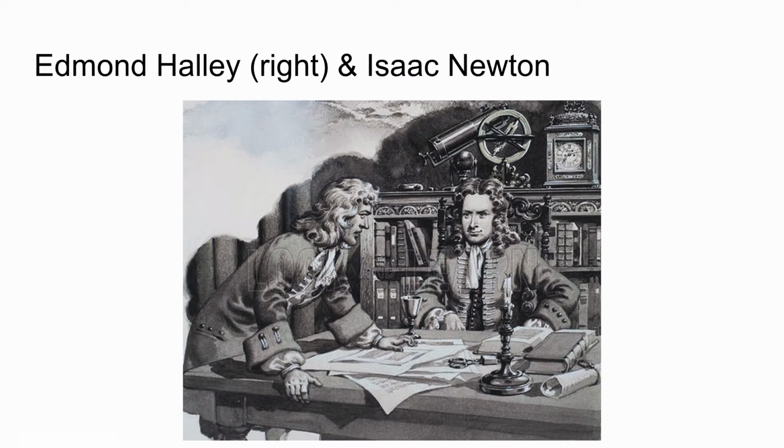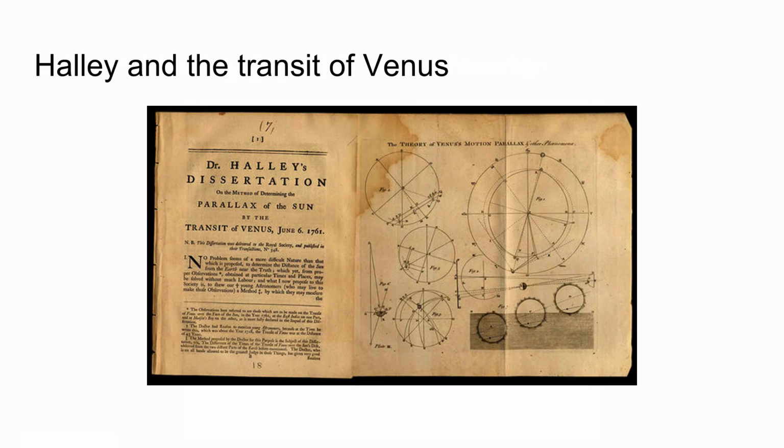Edmond Halley, this is a picture much later of Edmond Halley on the right and Isaac Newton on the left. They were contemporaries. Halley was a little bit younger than Newton. And Halley was just an extraordinary scientist and had lots and lots of accomplishments. One of the first is his discovery of how far the sun was from the Earth.